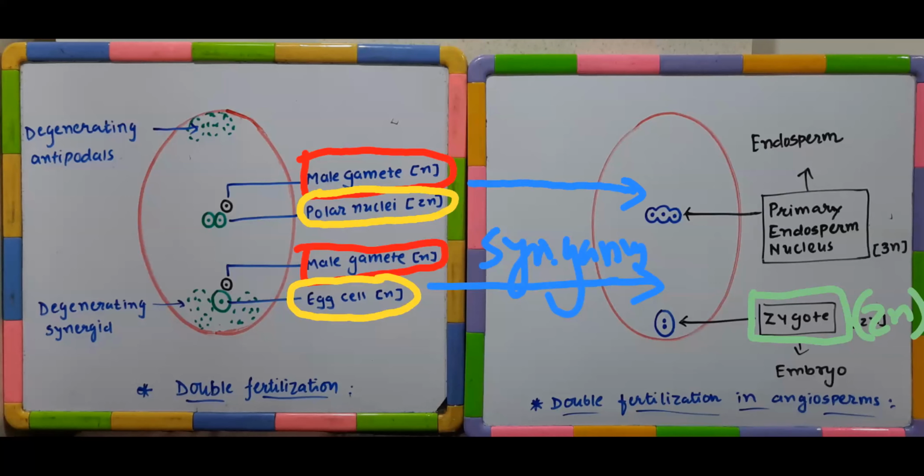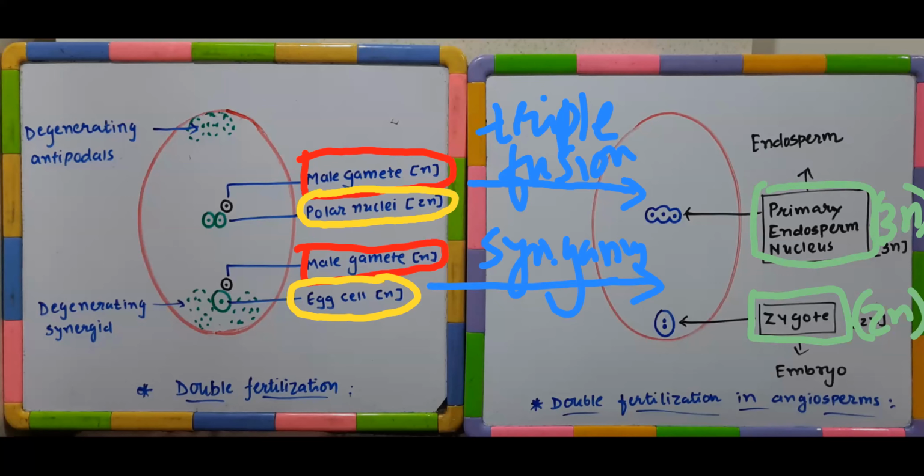Because three nuclei are now undergoing fertilization, it is known as triple fusion. The product formed is termed as primary endosperm nucleus, a triploid structure. Obviously, the central cell is now converted into primary endosperm cell.